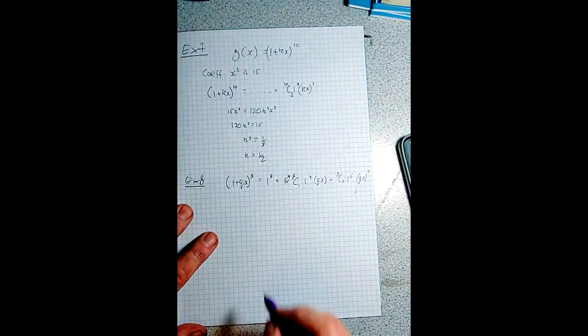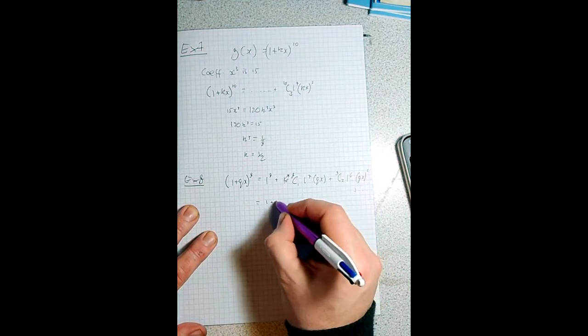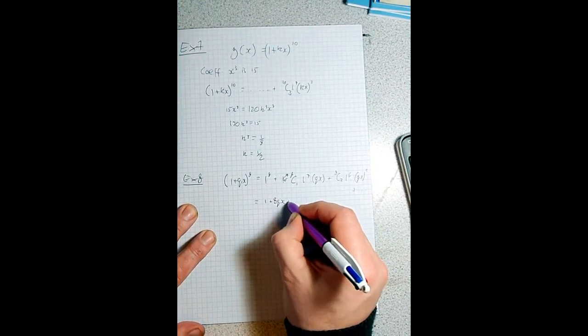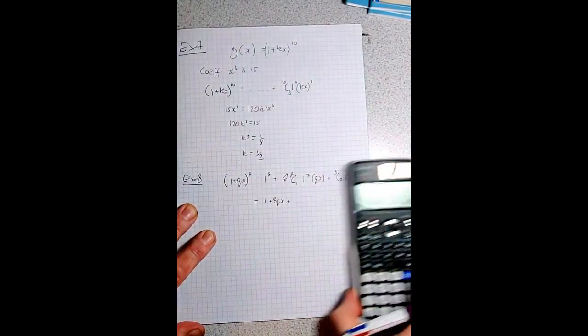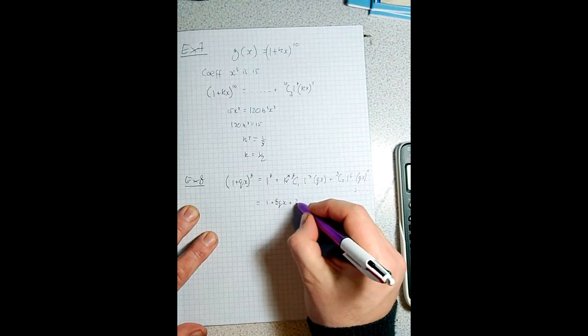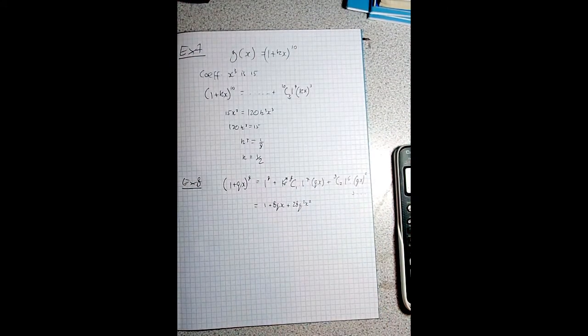That's the first 3 terms. Let's simplify that: 1 plus 8qx plus 28q^2x^2. I can feel a quadratic coming on.